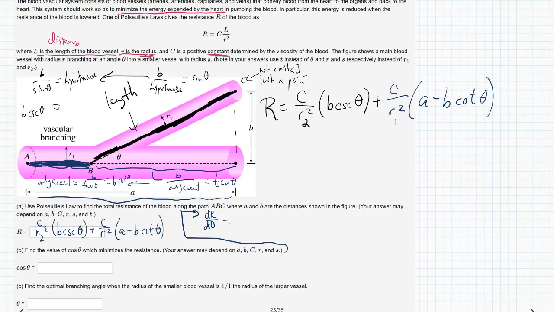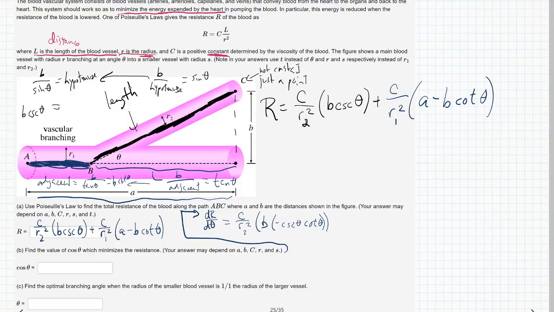They aren't changing. We're just changing the angle here. So really all we have is C over R2 squared times B, and the derivative of cosecant is negative cosecant theta, cotangent theta. A is just a constant, so that derivative will go to 0.